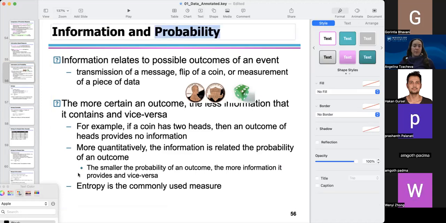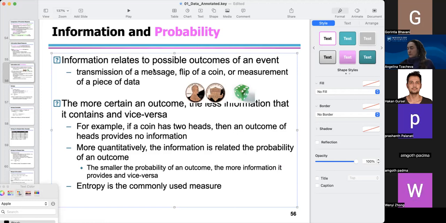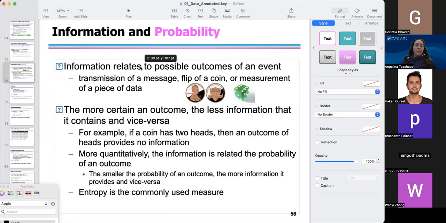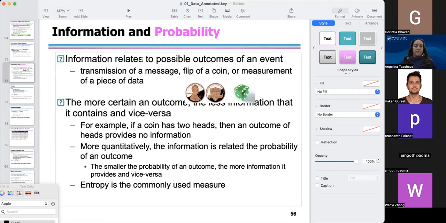So when we're using probability-based measures, we'll talk about the information that relates to possible outcomes of an event.